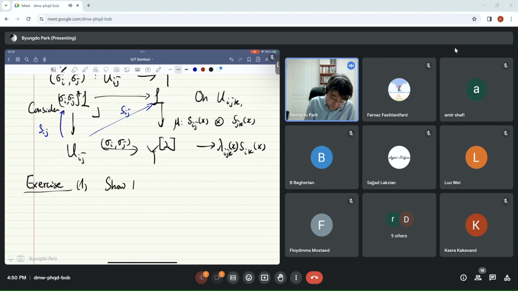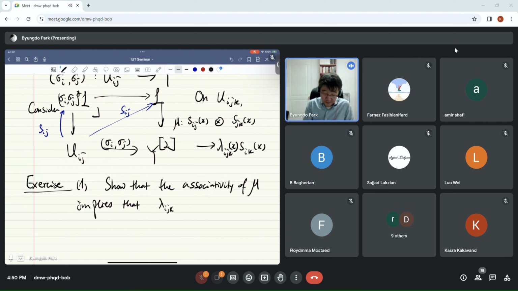Show that the associativity of mu implies that lambda ijk, this is a Čech cochain, is a degree 2 Čech cocycle on U.